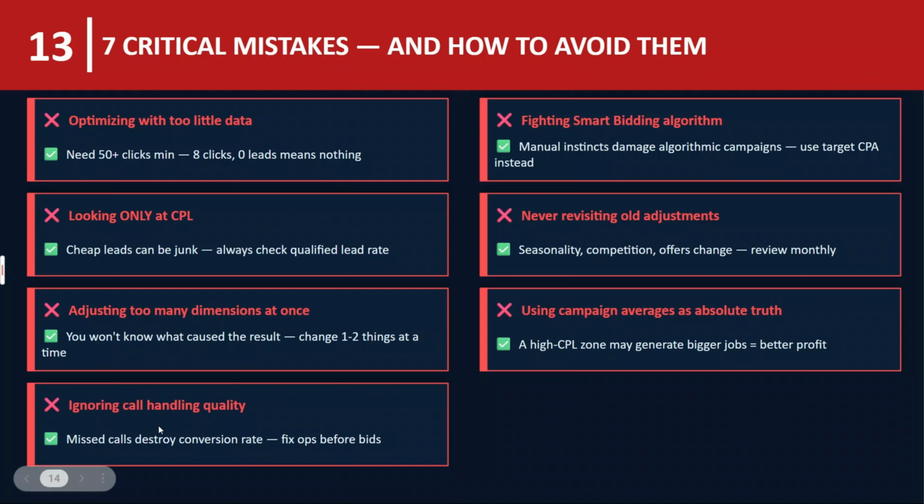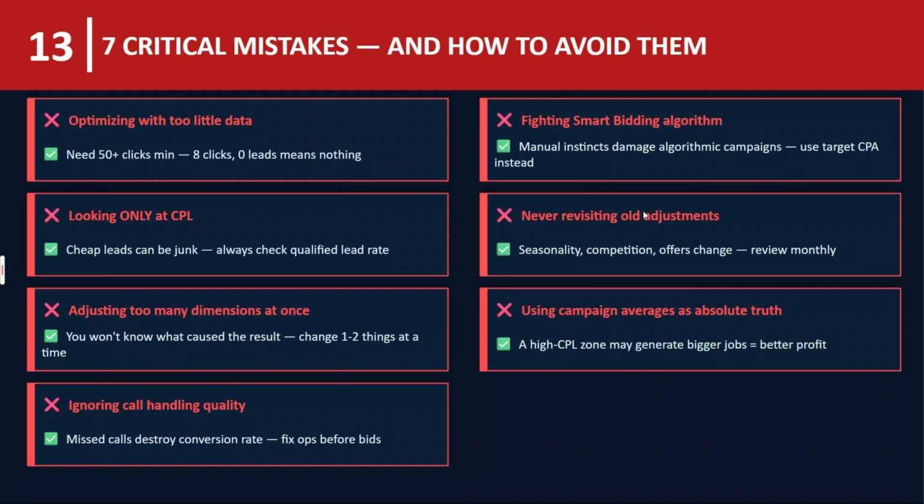Mistake 4 is ignoring call handling. I say this again and again: if your team misses calls, your numbers will look terrible no matter what you do. Fix your operations. Mistake 5 is fighting smart bidding. If you are on target CPA and you start manually overriding device bids aggressively, you are working against the algorithm. Trust the system and use the right levers. Mistake 6 is forgetting to review old adjustments.